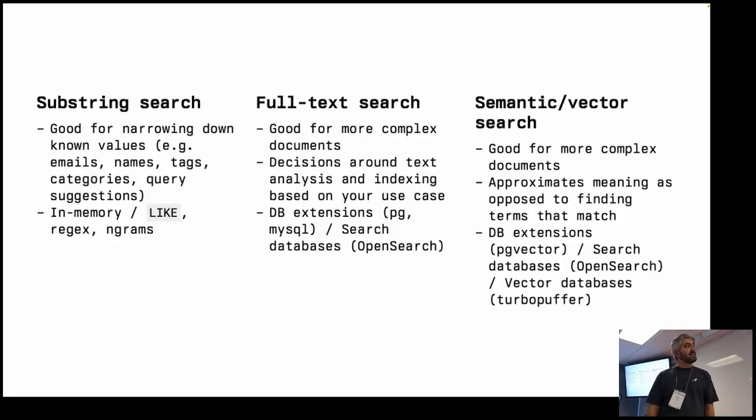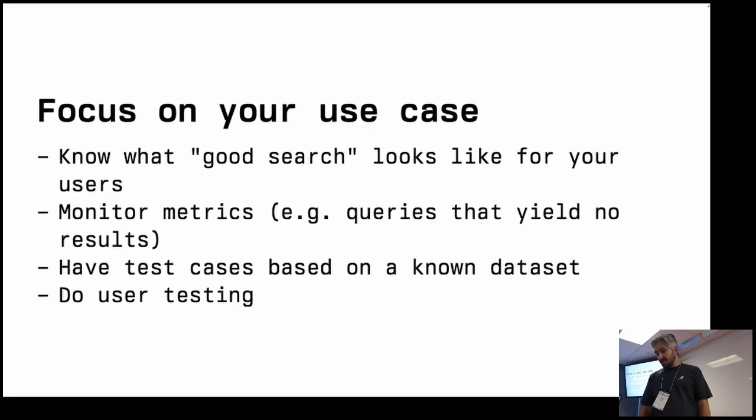And then semantic and vector search is good for more complex documents or vibes-based ranking, approximate meanings as opposed to exact terms. You can also turn to DB extensions, as MongoDB has a vector solution these days as well, or to dedicated vector databases, depending on what your needs are.